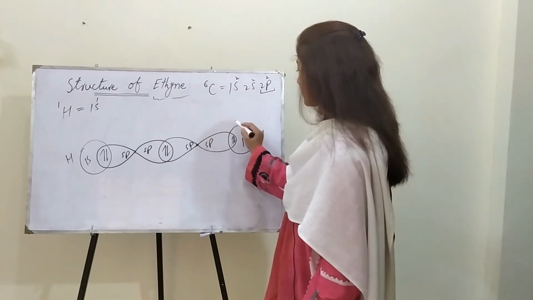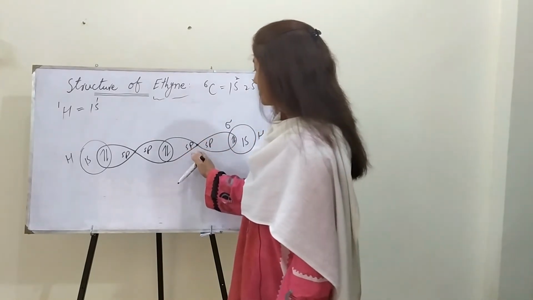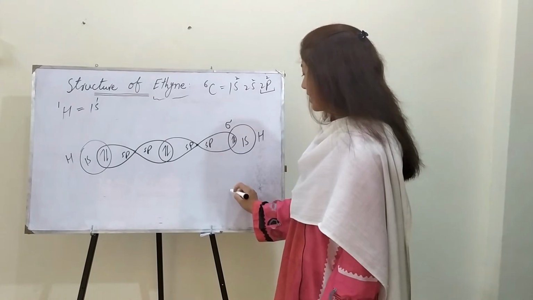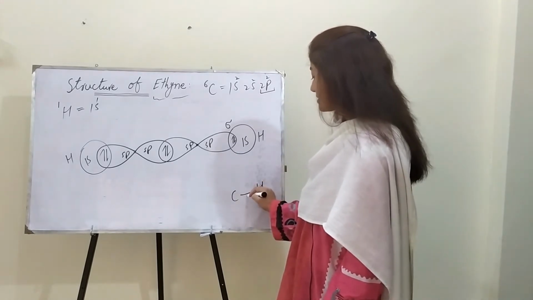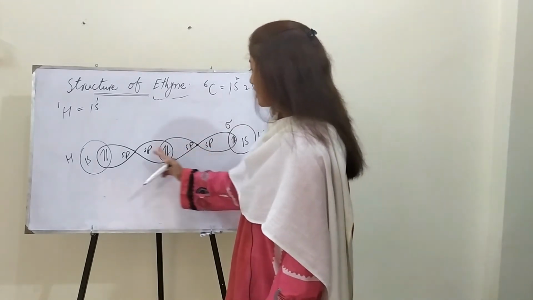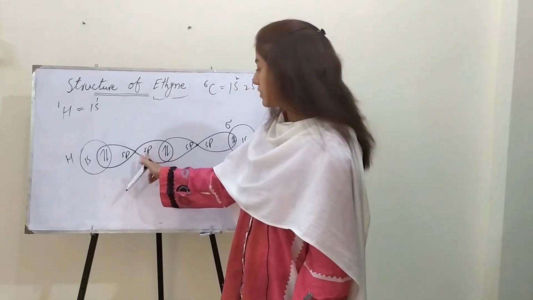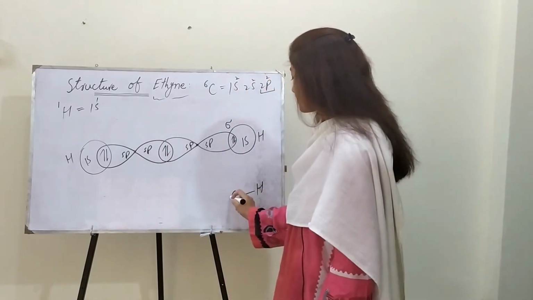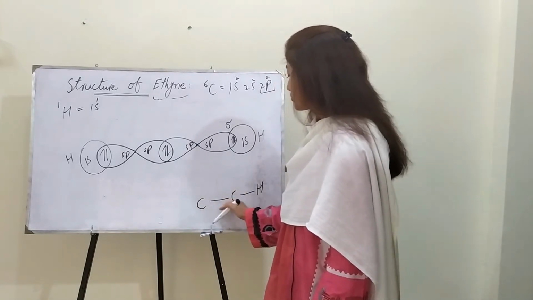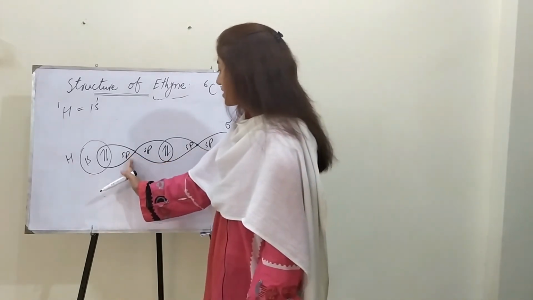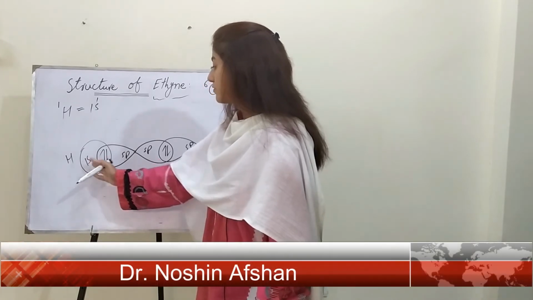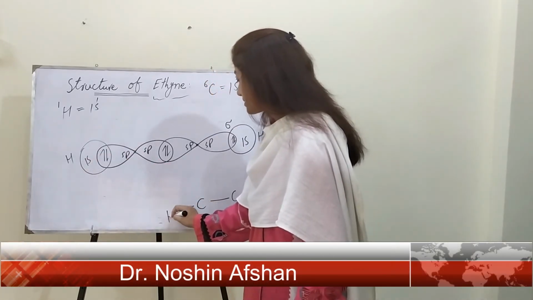So here there is one sigma bond between carbon and hydrogen. This is the sigma bond. Then this carbon and this carbon also form one sigma bond by the overlap of sp hybrid orbitals, and this carbon also forms one sigma bond with the hydrogen, that is this one.